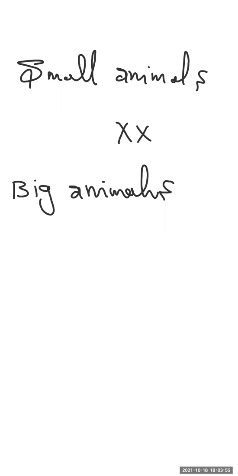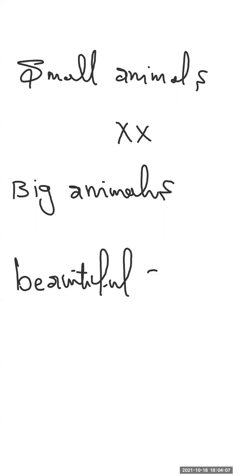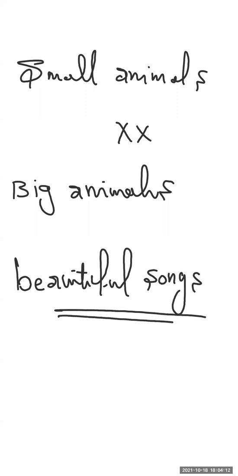Okay. Also, if it was like that, beautiful songs. Do we know all the beautiful songs? Of course, no. We can just give some examples, and also we can't judge which one is a beautiful song or not, right?